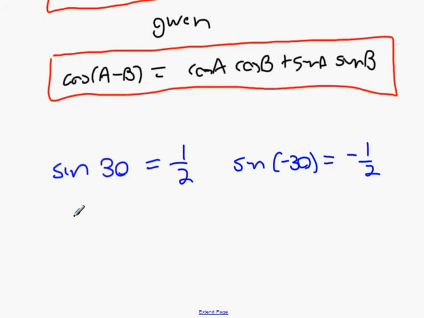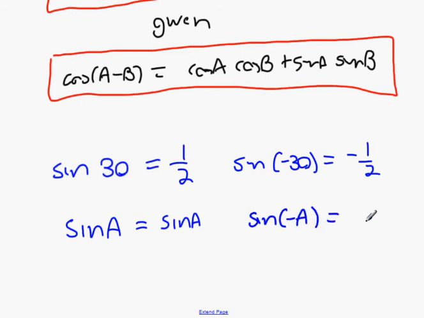Therefore, the general assumption is that sin A will get you the answer, basically sin A. However, sin of minus A will get you minus sin A. That's all on pages 9 and 10 of your trigonometry notes.